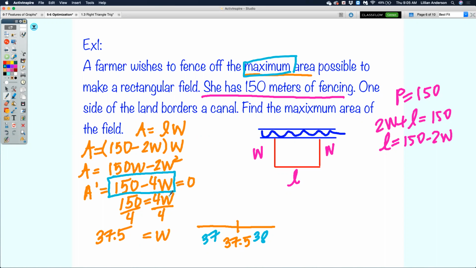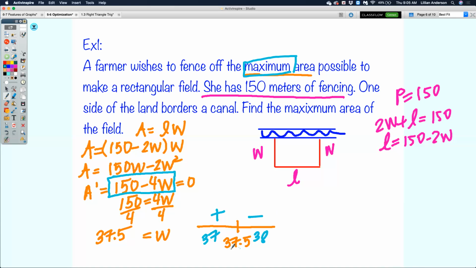So when I plug 37 into the derivative, 37 times 4 is 148, and so 150 minus 148 produces a positive number. When I plug in 38 into the derivative, that's going to be 150 minus 152, which produces a negative number.